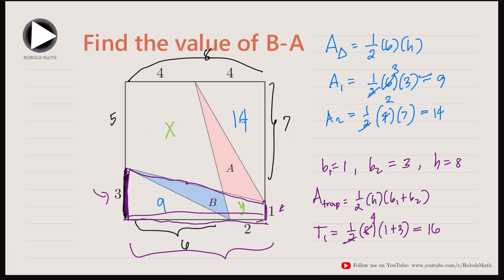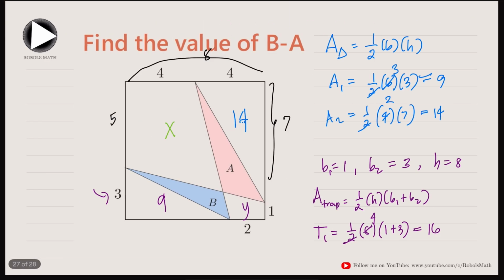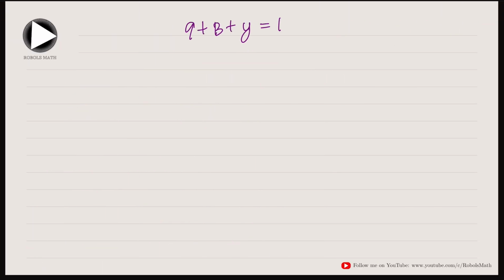But then again, we know that the area of the trapezoid is equal to the sum of the individual components, which in this case are 9, b, and y. The area of the trapezoid at the bottom is equal to 9 plus b plus y, and that's also equal to the one we calculated before, which is 16.